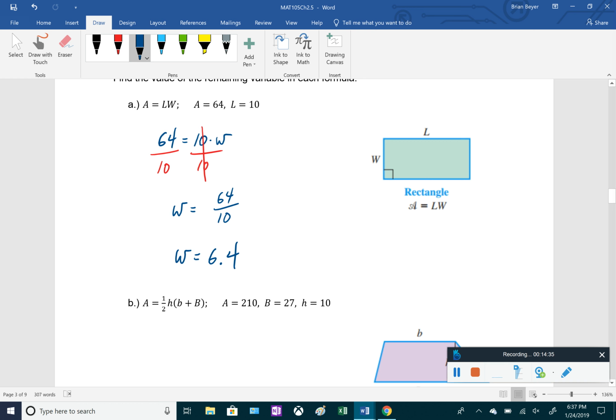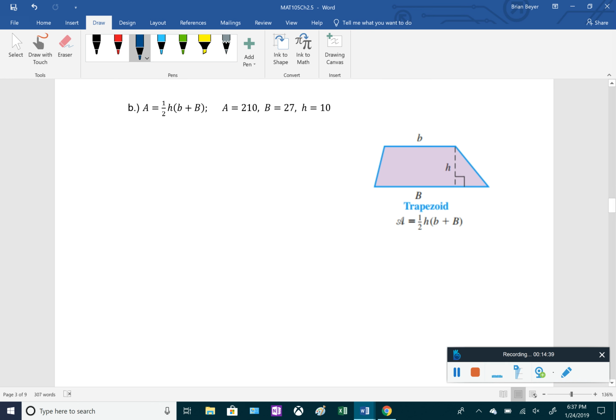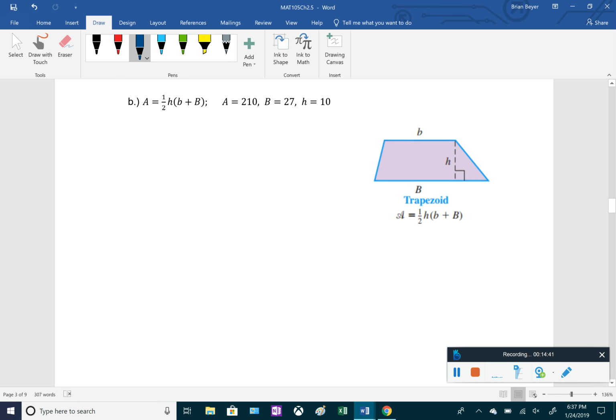Okay, and for the next one, we have the area of a trapezoid. You can see that picture of the trapezoid on the right-hand side, and the area of a trapezoid is 1/2 times the height, and then in parentheses, one base plus the other base.